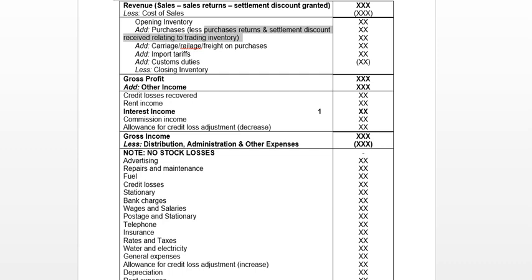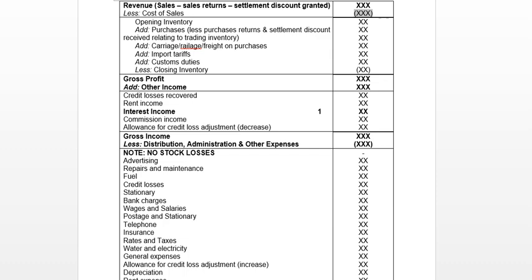That's, for example, your delivery costs, so your carriage, railage, and freight on purchases. If there are any taxes, so import tariffs and customs duties, all of that you will add as a cost. And then finally you will subtract your closing inventory, and that will be your cost of sales for the year.